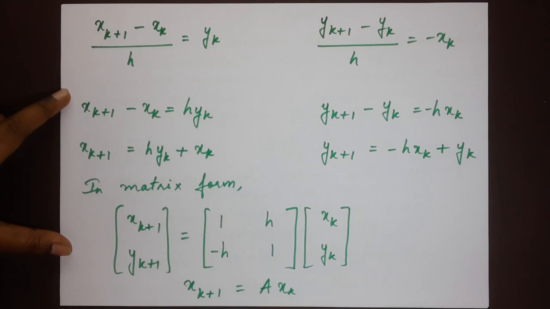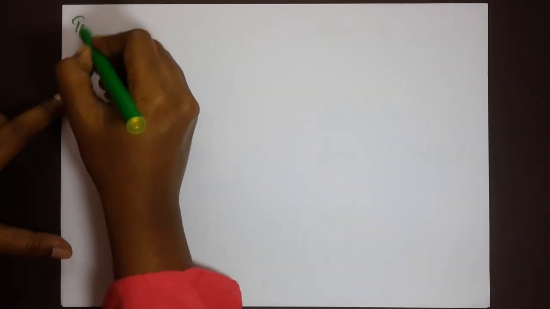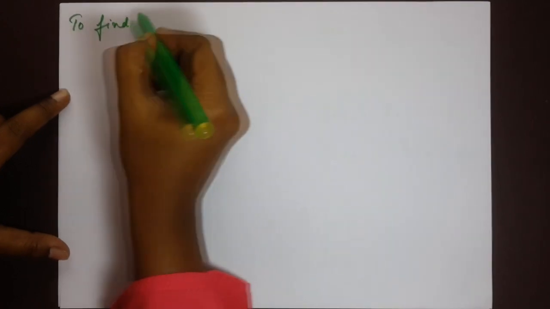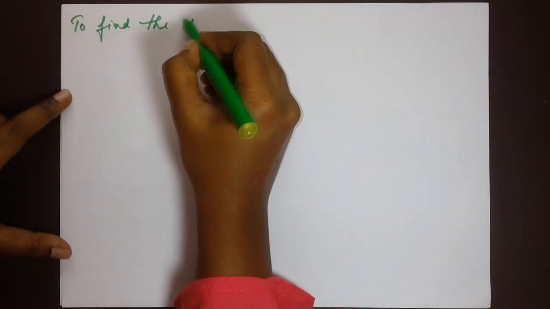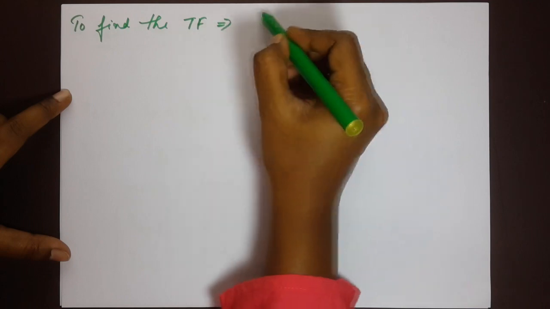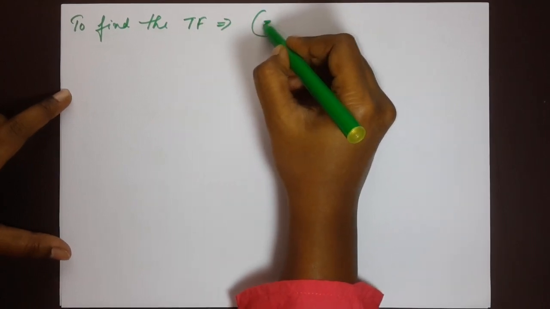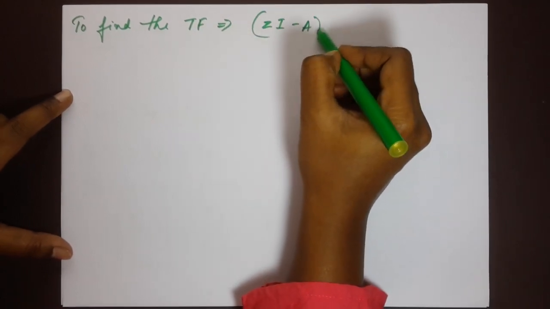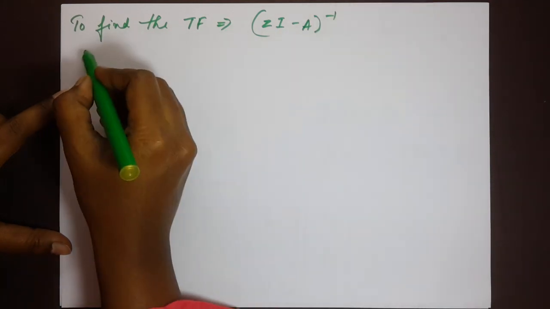Okay, so let's work on the transfer function first. In order to find the transfer function, we will have to calculate zI minus A inverse. To find the transfer function, we need to calculate zI minus A whole inverse.